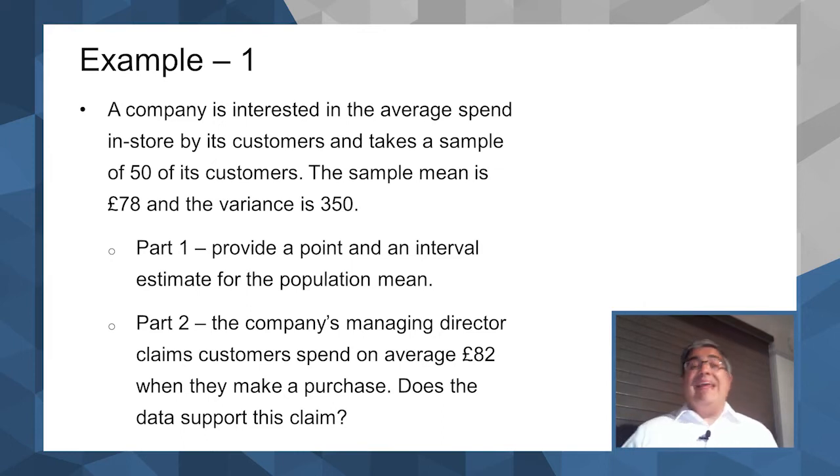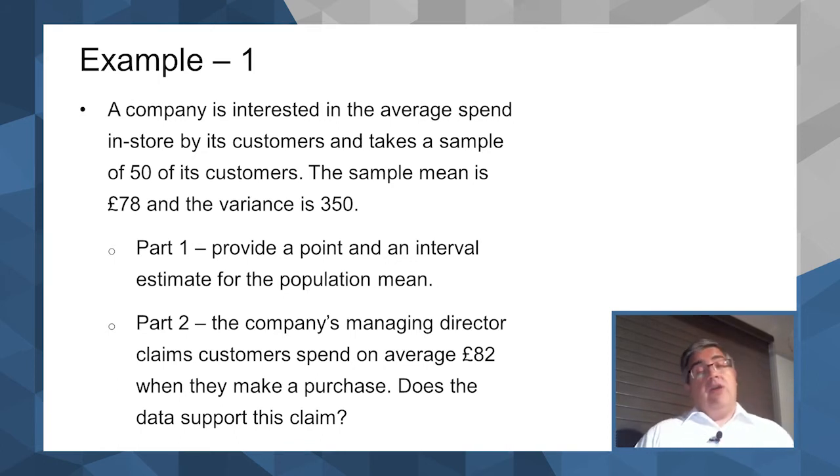So here's an example in any case of how we do this that will make it a little bit more understandable and a little bit more meaningful. The example is a company that is interested in assessing, in understanding, the average spend in store by its customers.